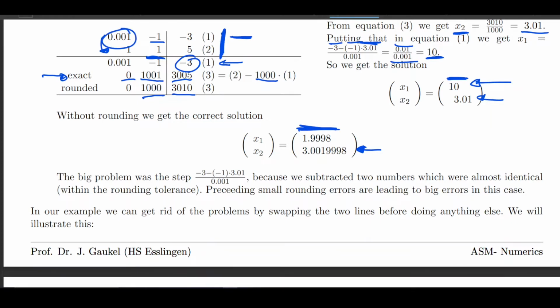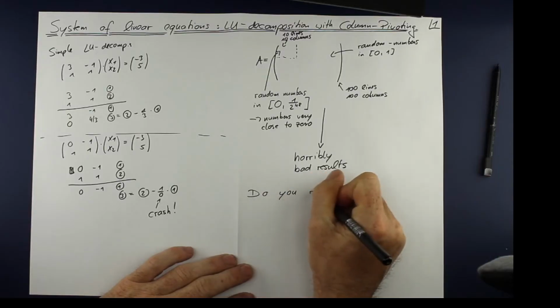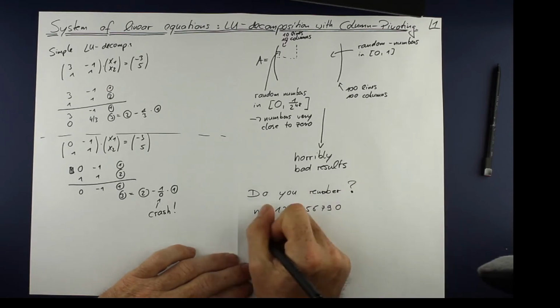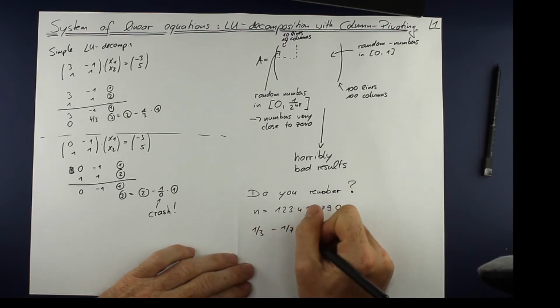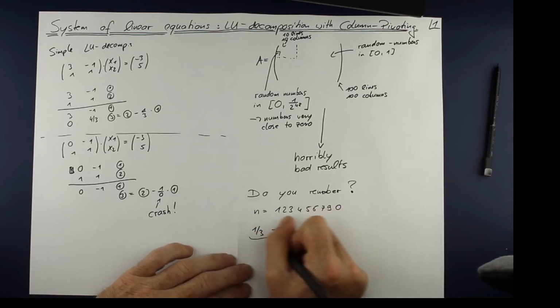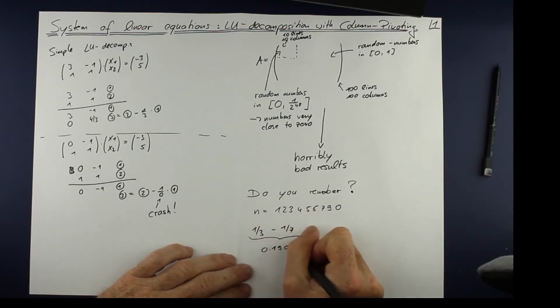And that was the case with our real MATLAB, where we have 16 significant digits. Also, we saw big problems, and the problem comes more or less from here. Do you remember? We did 1/3 minus 1/7, and the correct answer is 0.190476, and so on.